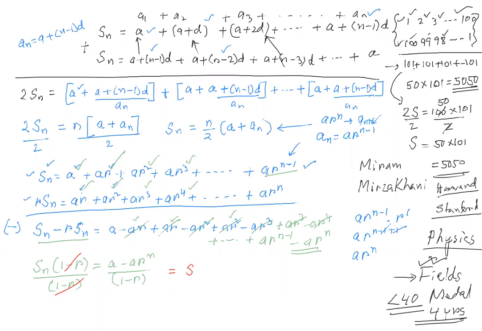On the left, you have s sub n, and on the right, if you factor out a from here, you get a times 1 minus r to the power n, all of it divided by 1 minus r. See, nice and compact formula.